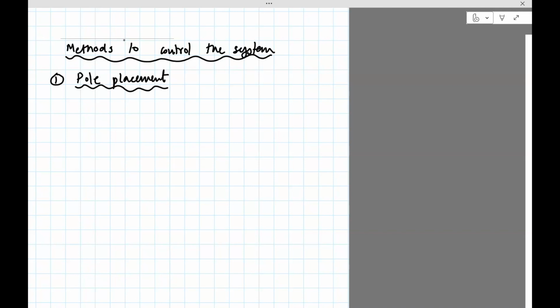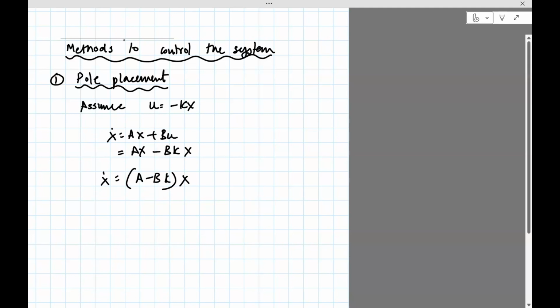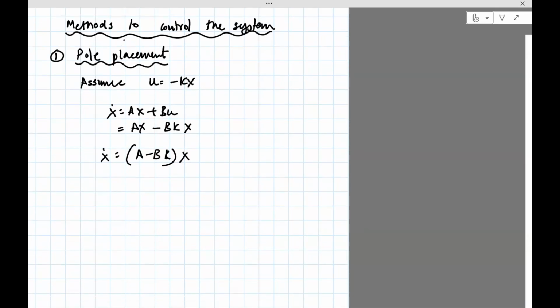So what we do here is assume u equals minus Kx, and we know that x dot equals Ax plus Bu. We substitute that in: Ax minus BKx, which is A minus BK times x. Okay, so this is basically going to be, let's call that A tilde x, or A bar x.